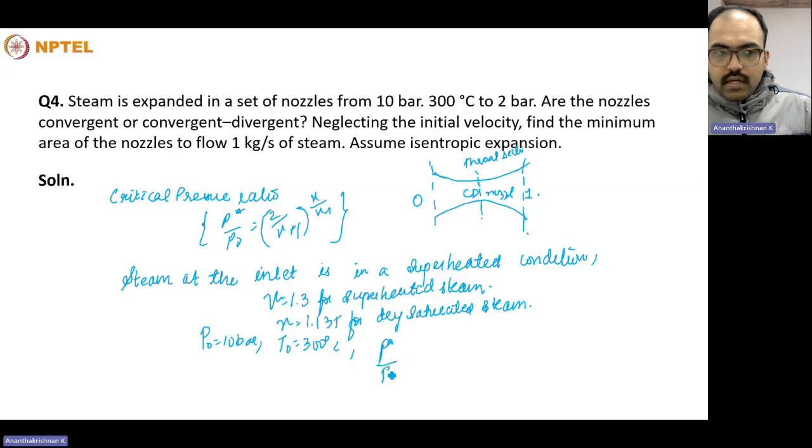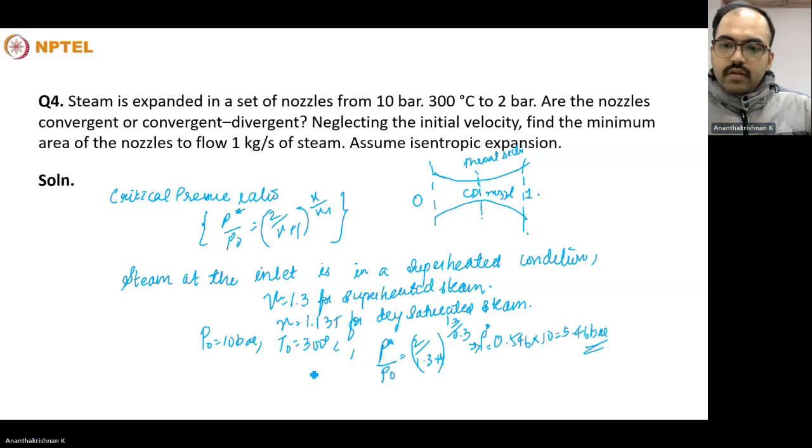P star by P0 is equal to (2 by 1.3 plus 1) raised to 1.3 divided by 0.3. So this will be equal to 0.546. Therefore, P star will be equal to 0.546 into 10, 5.46 bar. So the intermediate point, the throat point pressure, will be 5.46 bar.